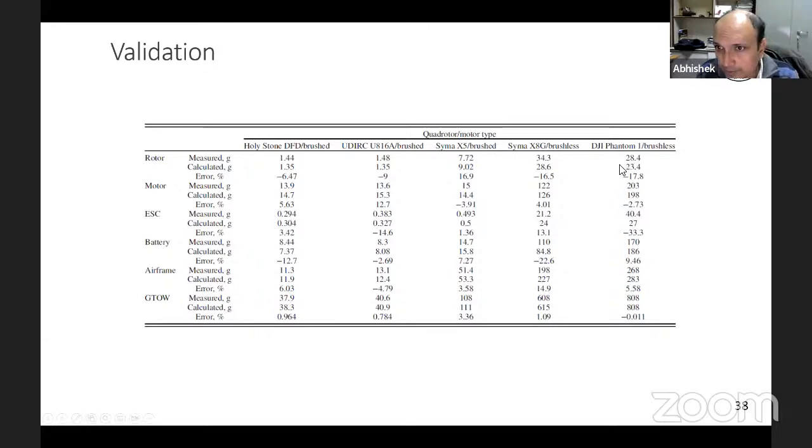You see the comparison of the rotor mass, which is measured on the real system, and how much it is calculated, and the kind of error you incur. The interesting part is that yes, there are errors in places. For example, there is a somewhat significant error in the ESC mass, 33 percent, because the calculated mass is 27 grams and the actual weight is around 40 grams.